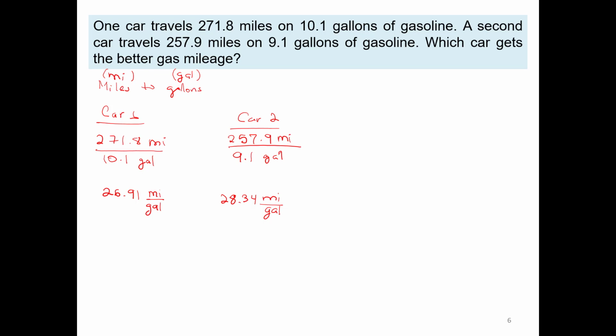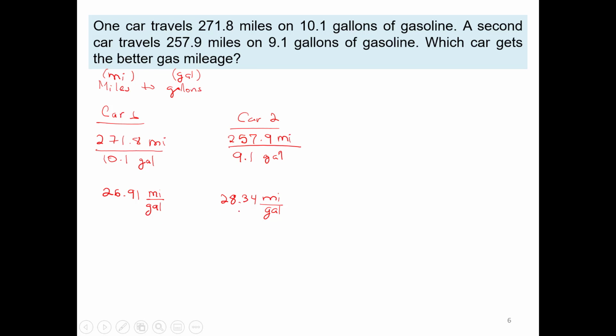Now we need to answer which car gets the better mileage. The first car travels 26.91 miles on 1 gallon.